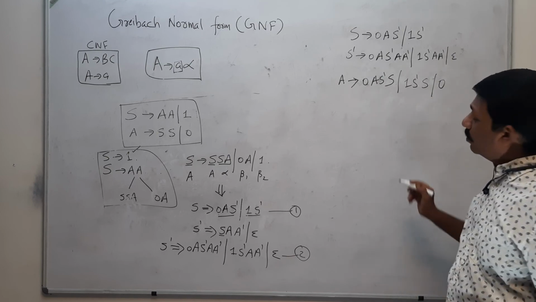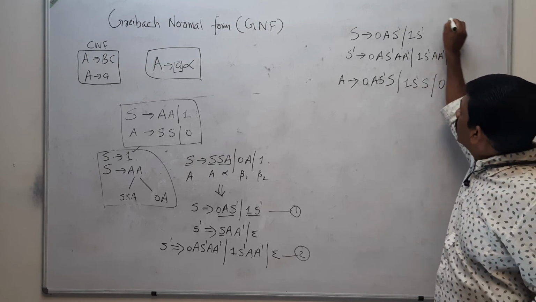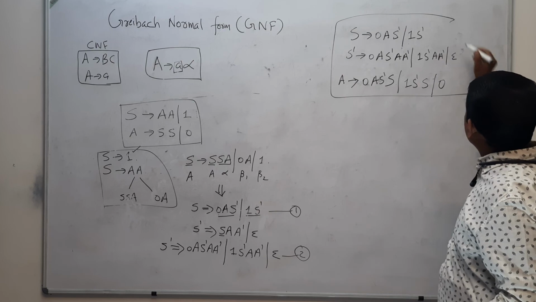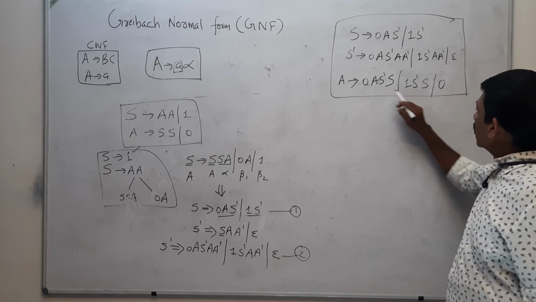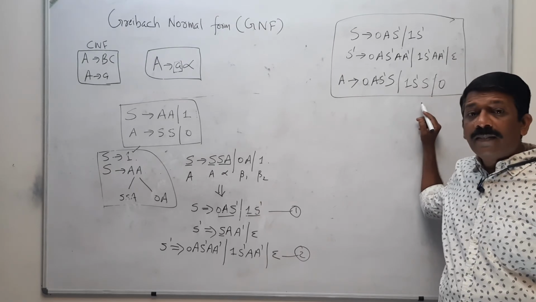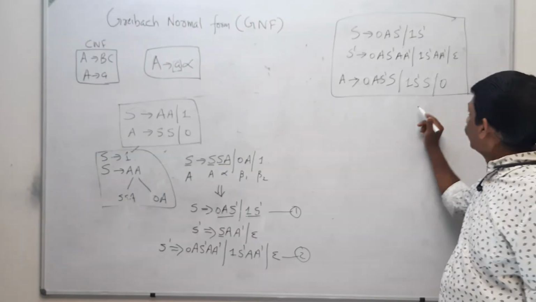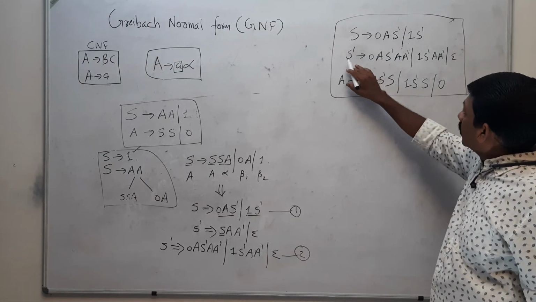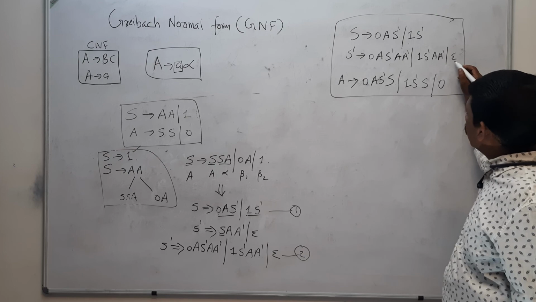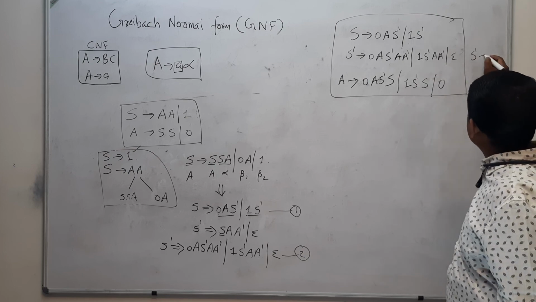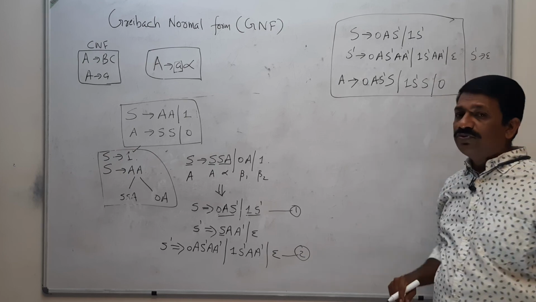Okay, now see, in this, for every production the right hand side is starting with a single terminal. So here one of the productions is not in Greibach normal form, which is S dash derives epsilon. You know how to eliminate that.